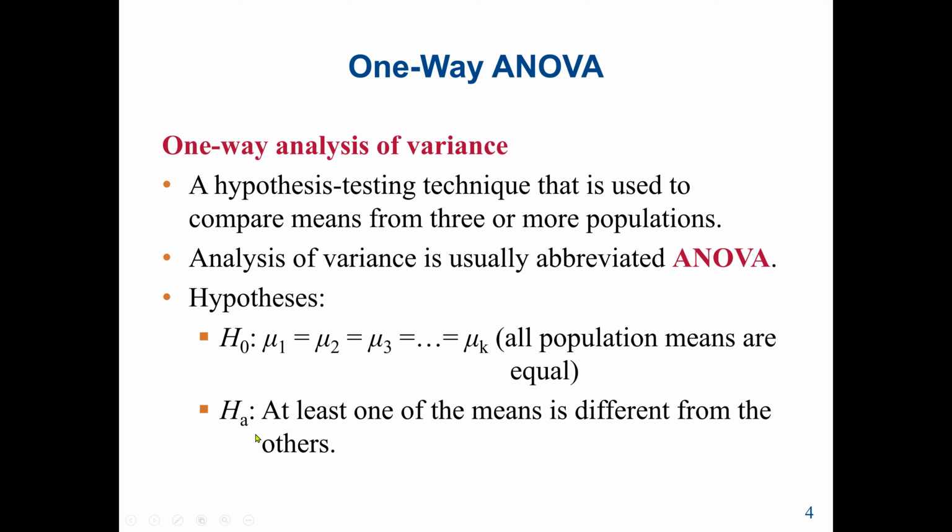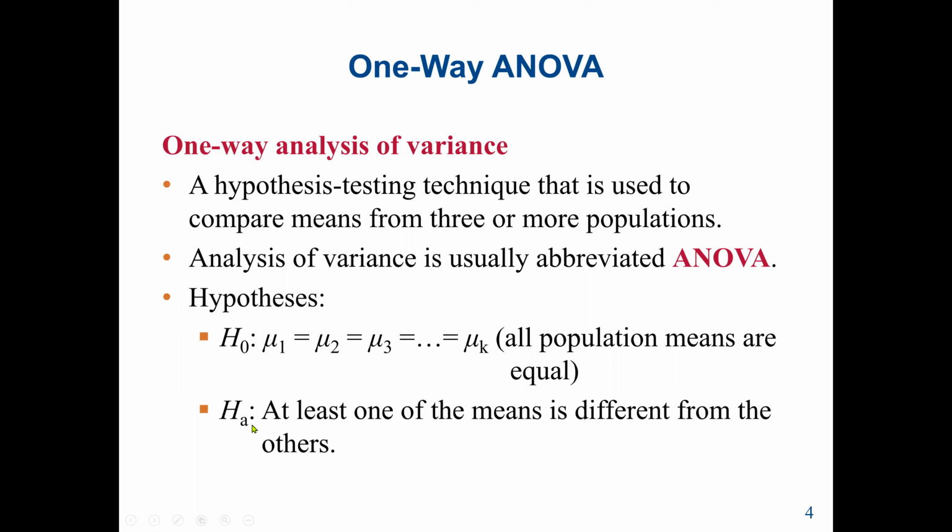In HA, there are a lot of options, because we can say mu1 is not equal to mu2 and it's not equal to mu3. Or I can just say that only mu1 is not equal to the rest. Or we say mu3 is not equal to mu1 or mu2. Because here we have 3 population means and we say all of them are equal.